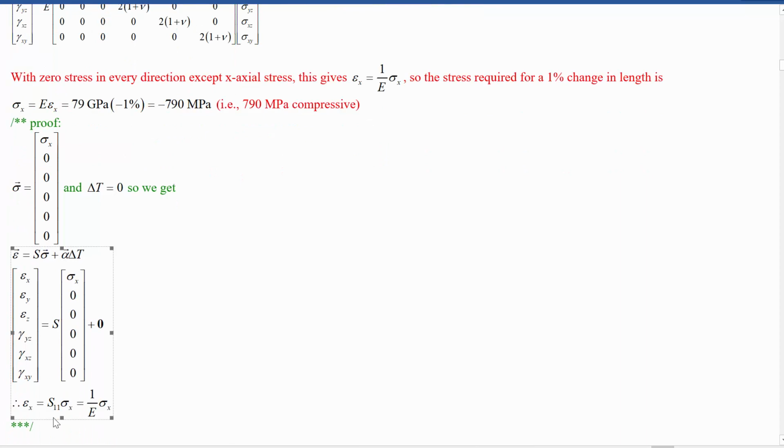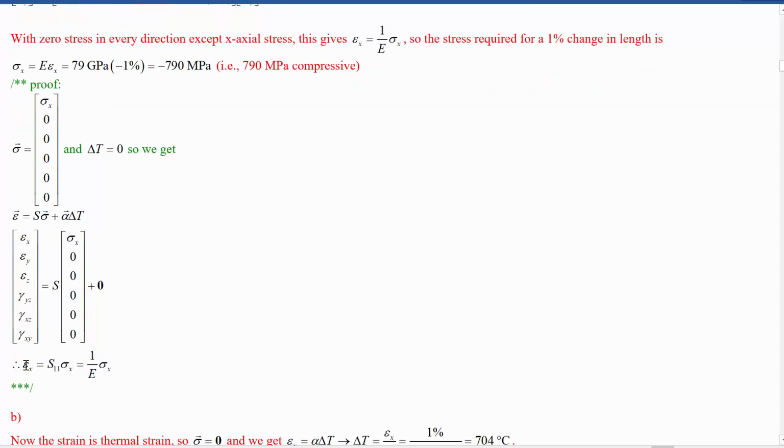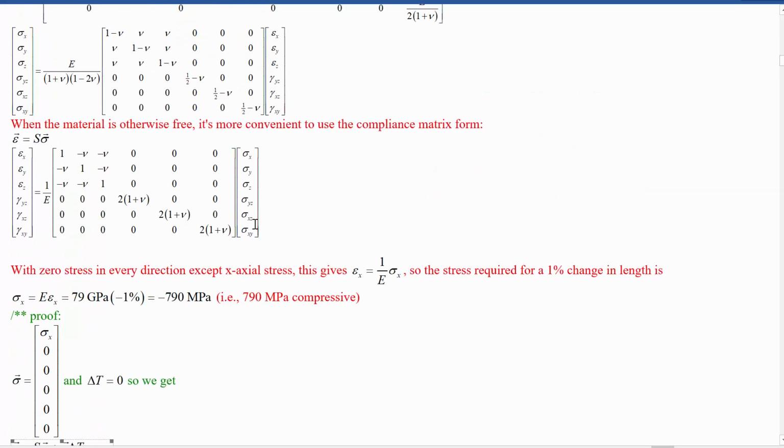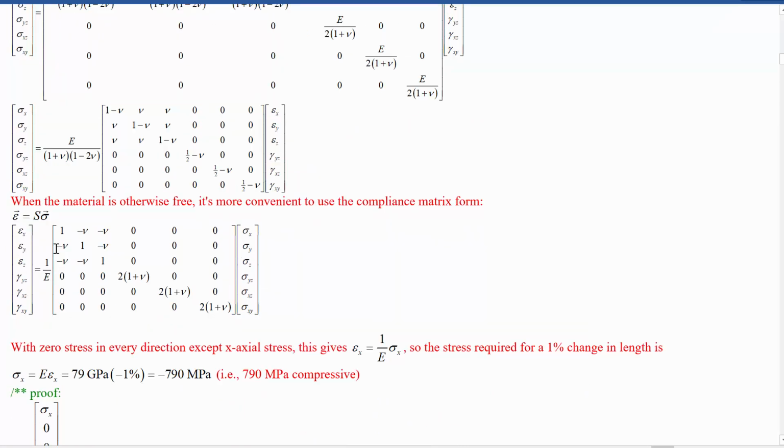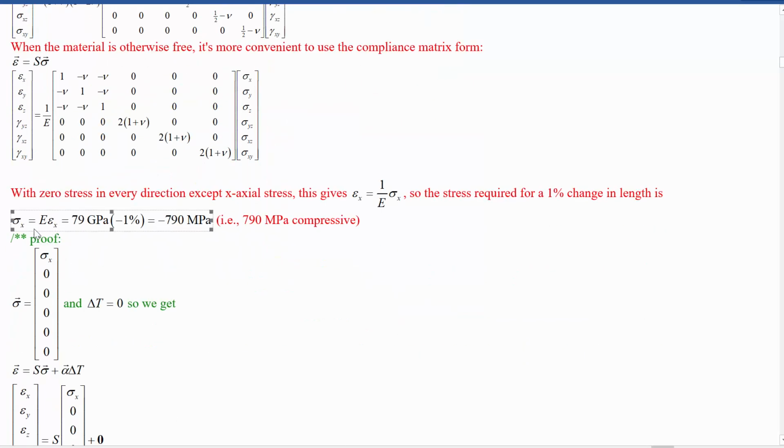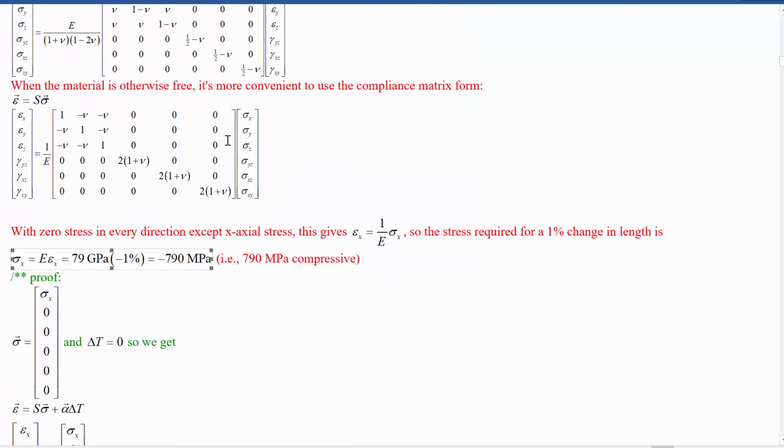And so that's going to just give us the 1, 1 component times sigma x, and the 1, 1 component is 1 over E. Okay, so that's how we get this relationship, which in a statics course you would have just started with at the beginning of learning about stress and strain, back out of the full 6x6 Voigt notation, account for anisotropy, account for complicated boundary conditions version of this equation. So this is reproducing the simple case here from that general form of the equation.